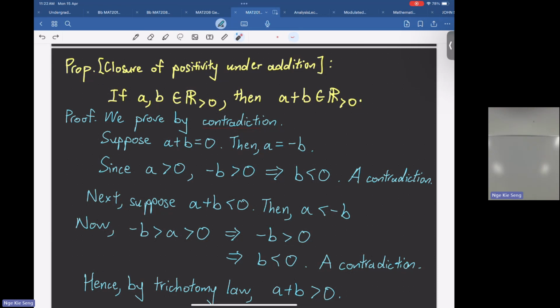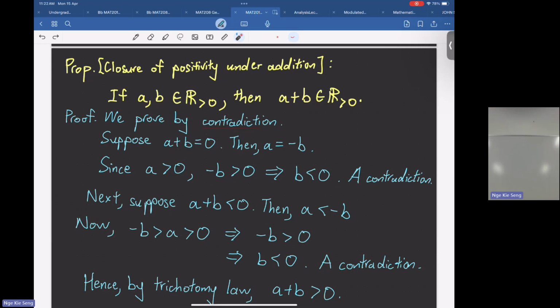Natural numbers you cannot go backward. But real numbers, I don't know, because this is like a new thing we created. Just by a few axioms. How do I know that if something is greater than 0, then adding the two things must be greater than 0? Can it be negative or not? Or can it disappear, go to 0, or not? So we prove it. It must be strictly greater than 0. Okay, how do we prove it?